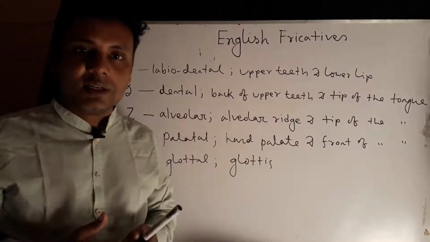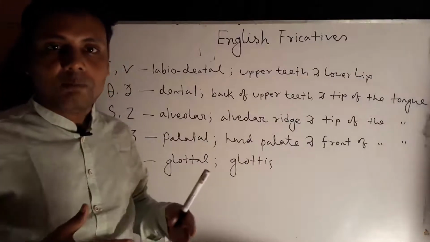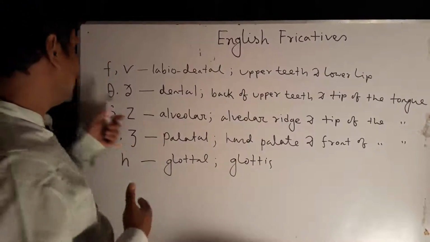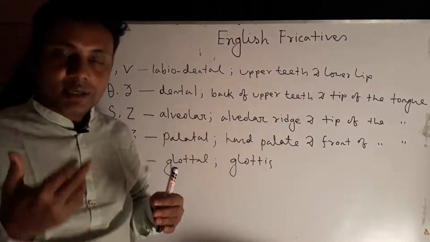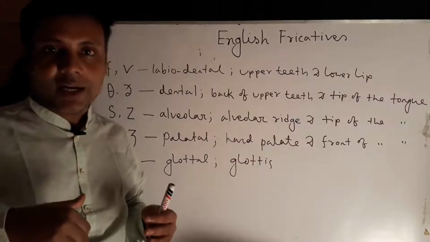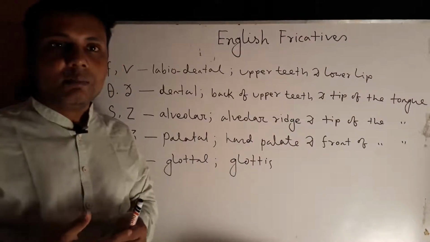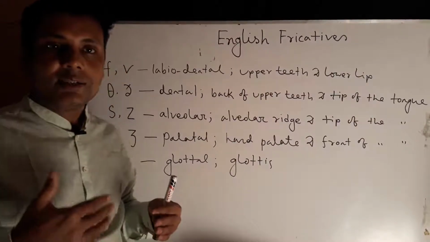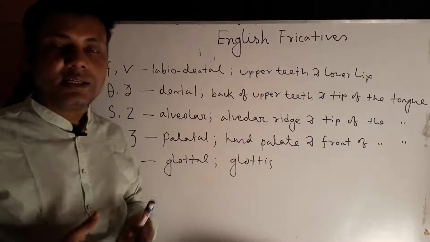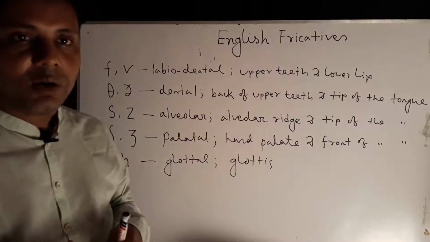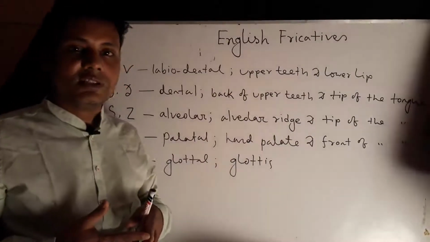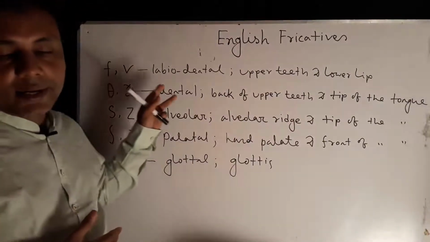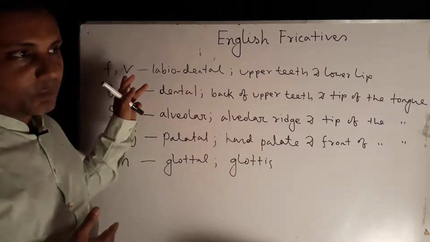Huge differences we see between Bangla pho and English fa, because English fa is labiodental and also a fricative. On the other hand, Bangla pha of phul is bilabial, two lips, and it is a plosive sound. So huge differences lie between Bangla pha and English fa.